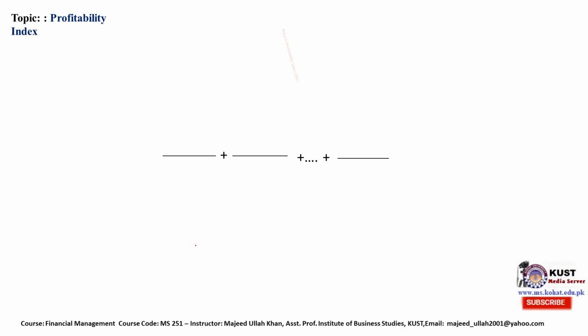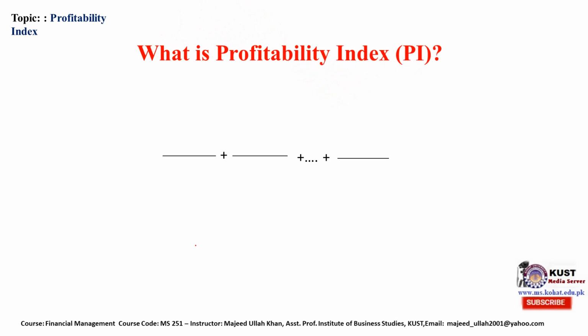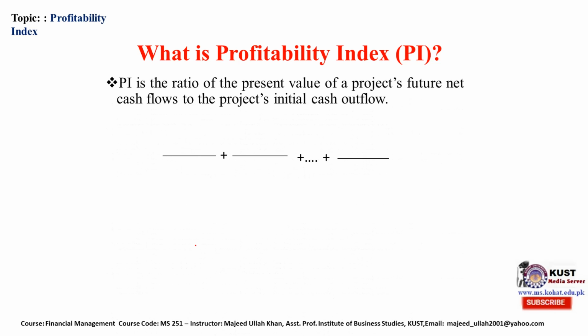Moving further, what is profitability index? As I discussed earlier, it is the ratio of the present value of the project's future net cash flows to the project's initial cash outflow.